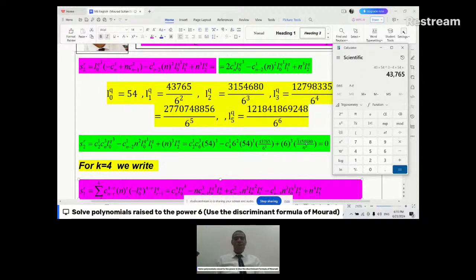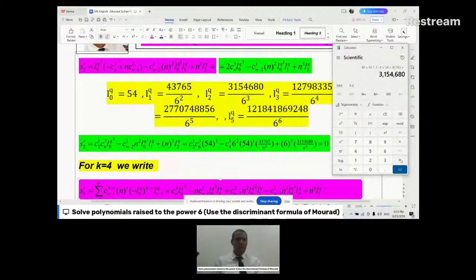I will just write the value of the coefficient of L2 multiplied by the cube of 6. Means 3 million, minus 4 multiplied by 54 multiplied by 43,765, plus 3,154,680.